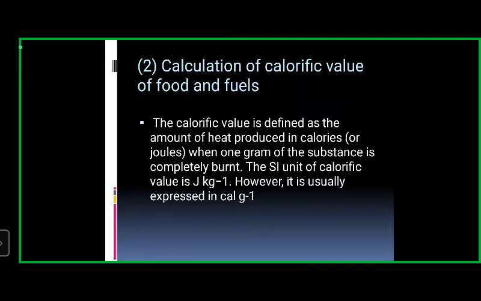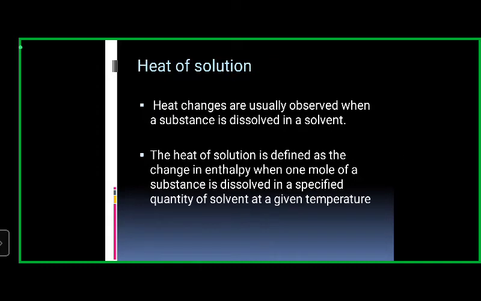Now in our body there is fat, we do exercise, and when we exercise heat comes out. So if so many calories are burnt, what does it mean? 1 gram of the substance is completely burned. The SI unit of calorific value is joule per kilogram. However, it is usually expressed in calories per gram.